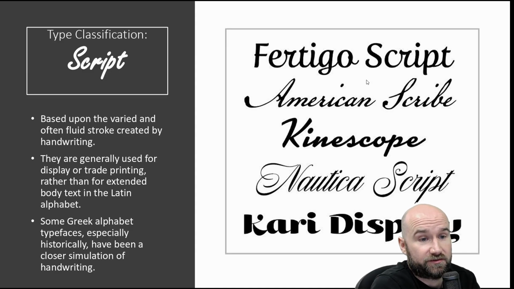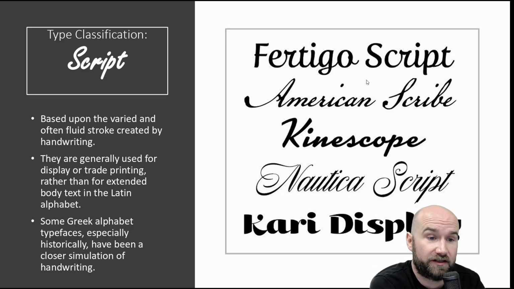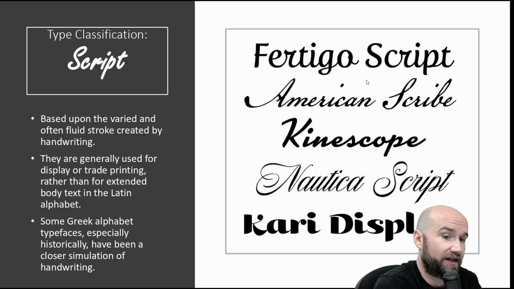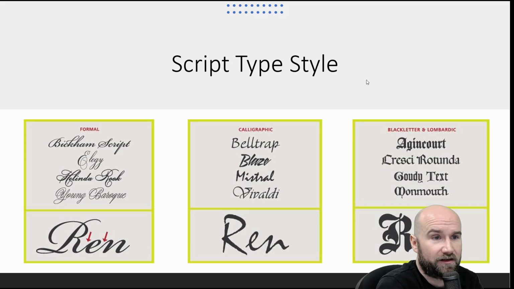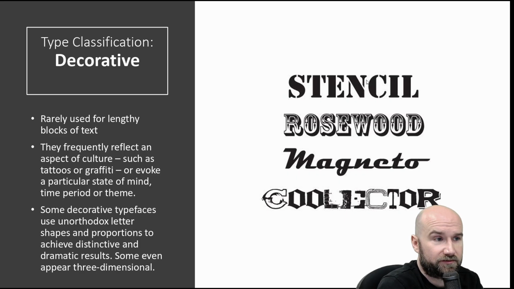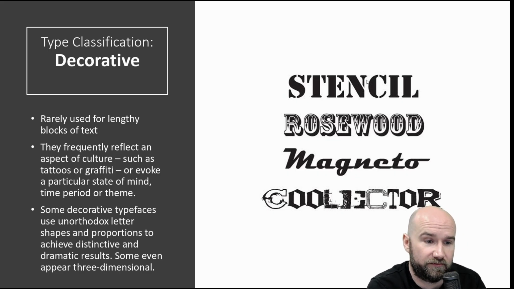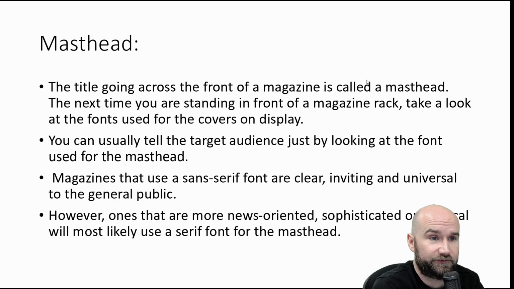Then there's script, which is based more on handwriting, generally used for display or trade printing, if you want to be extra fancy. And then things like decorative, where we'd have things like stencil or Magneto, maybe used for some branding or for some signs, things like that.